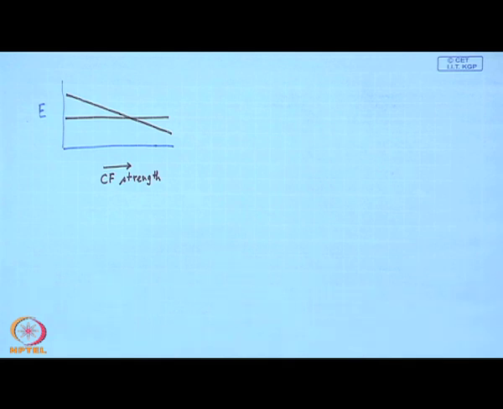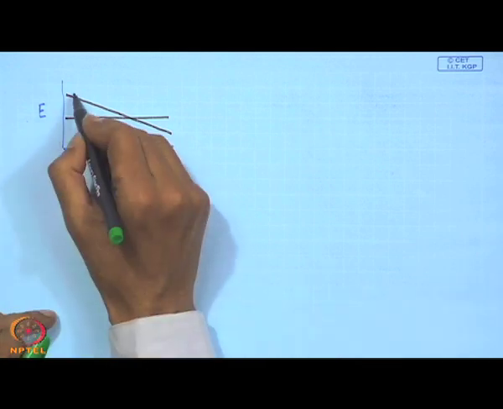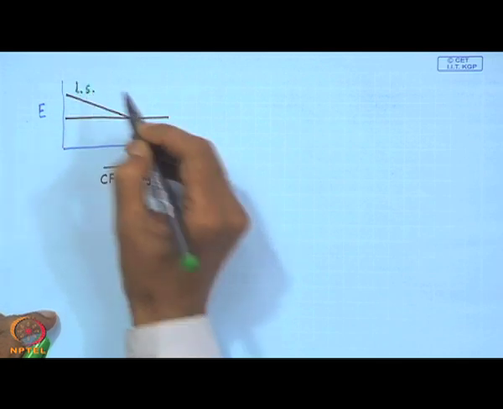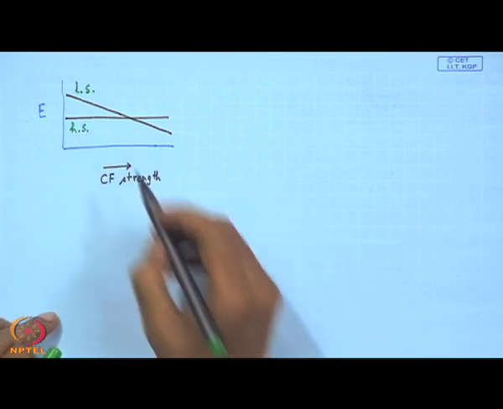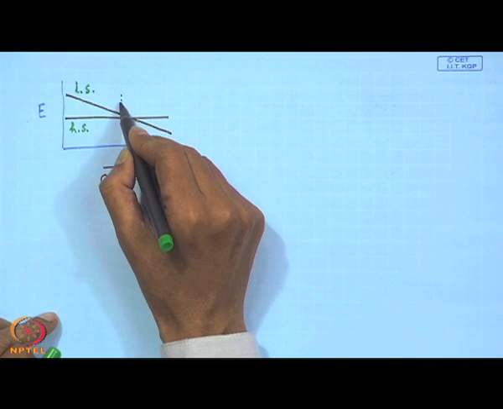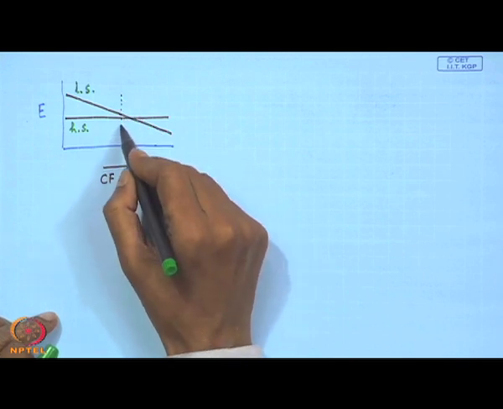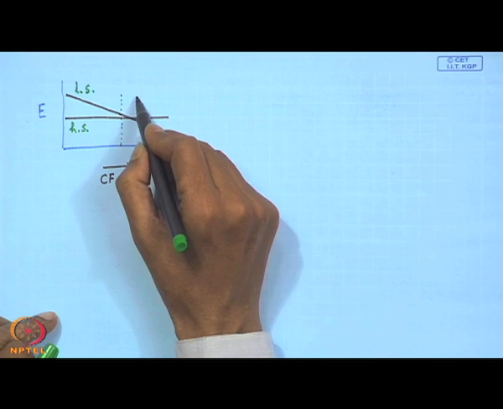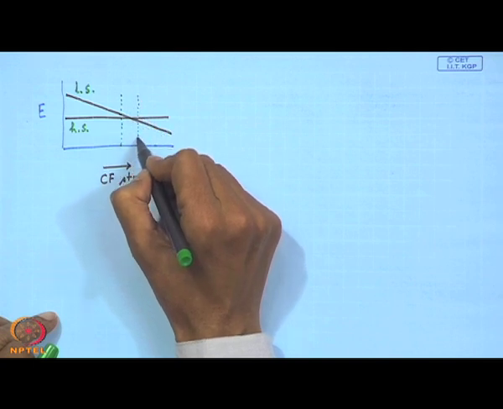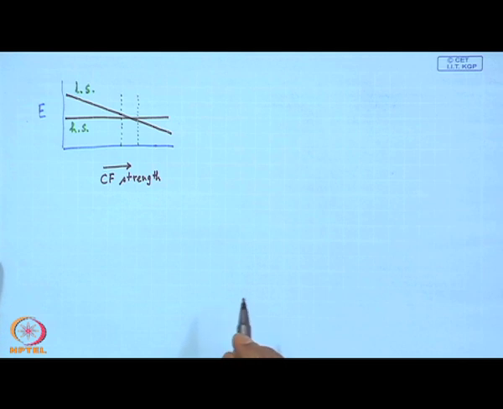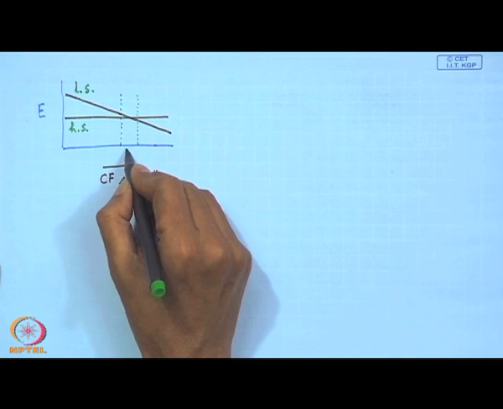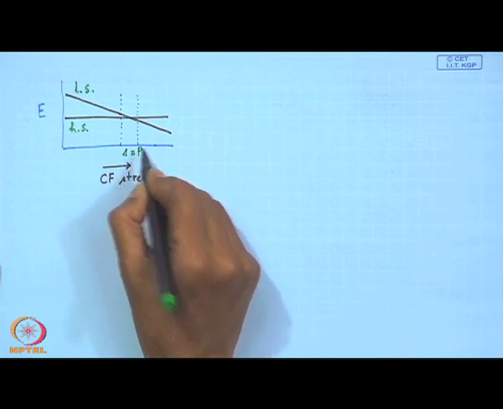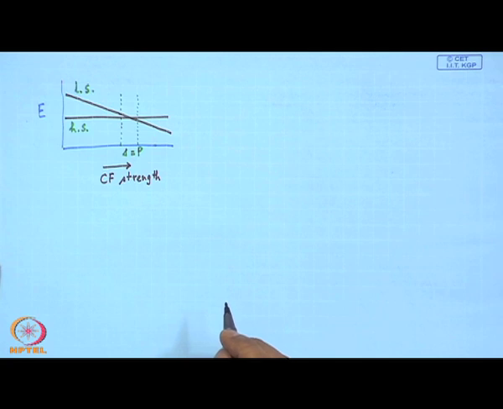So, these are the energy values for the low spin and the high spin, and this is the corresponding crossover region, and at this crossover region we have the corresponding delta value equal to P. So, as we move from here to here, we get the corresponding value.